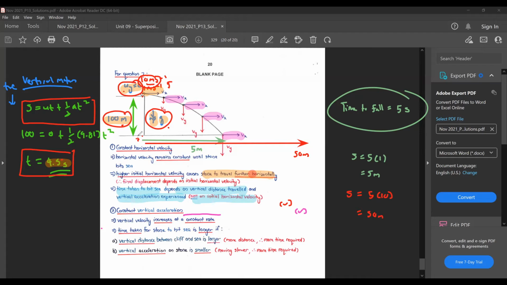Okay, remember I mentioned to you before that the time taken to move horizontally to a point is the same as the time taken to move vertically to a point, which is also in turn the same as the time to fall.